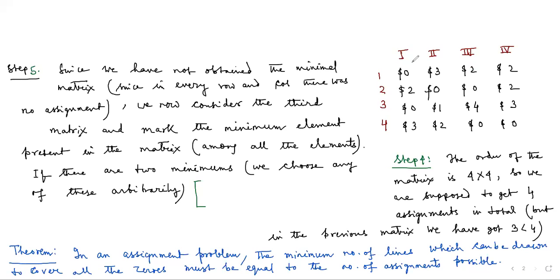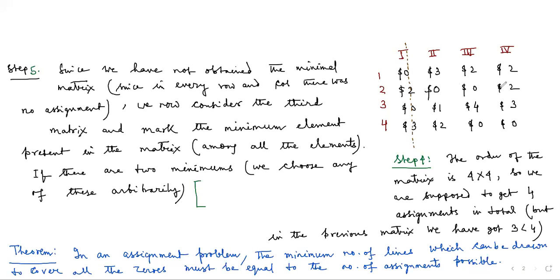Now, a little bit of inspection tells us that you can do it in the following way. You can identify which particular column or row contains the maximum number of zeros. This first column contains the maximum number of zeros, so you draw a hypothetical dotted line like this. Then come to the second row.